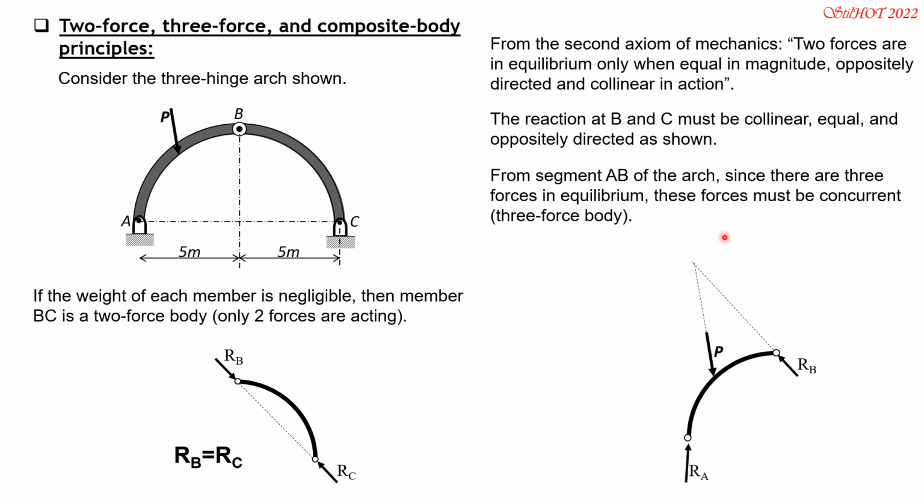So the triangle must close. If we draw the force triangle at O, we have R sub A first, inclined up to the right gently, then we have P, then R sub B must close the triangle. So that's the principle. I hope that you can easily find two-force body and three-force body in a system.